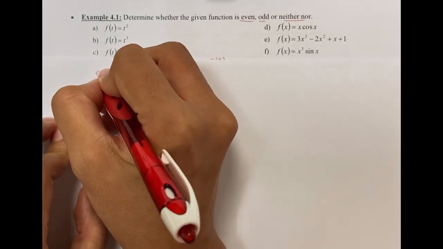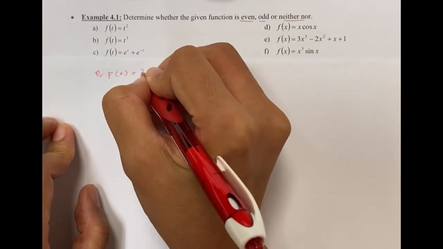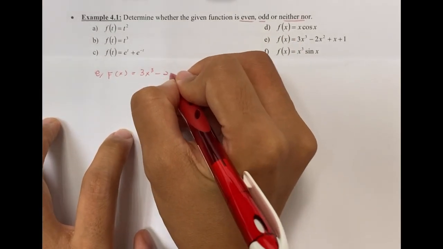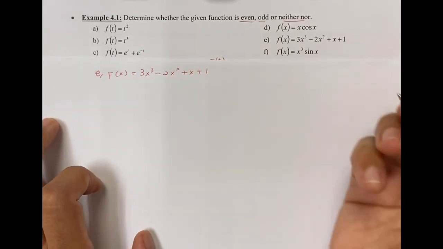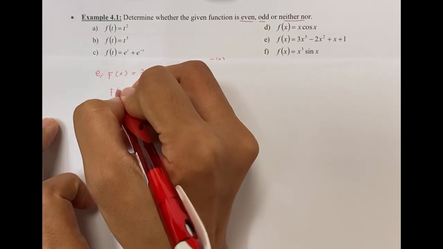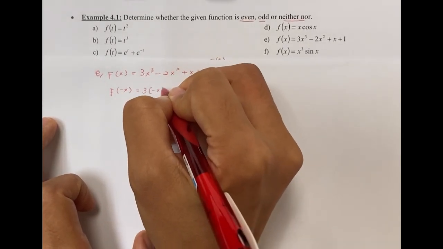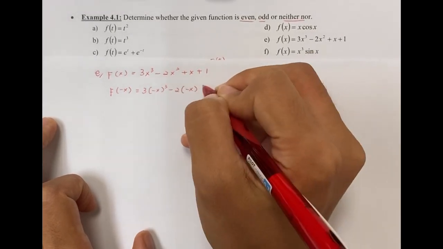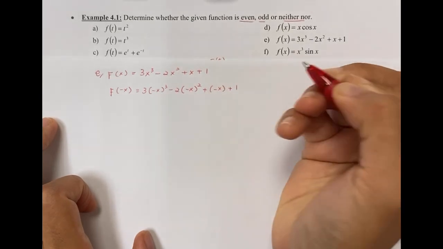Example E, you have f(x) equal to 3x cubed minus 2x squared plus x plus 1. f(negative x) is equal to 3 negative x cubed minus 2 negative x squared plus negative x plus 1.